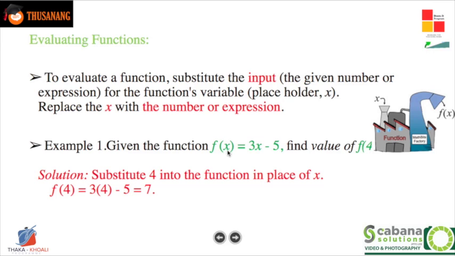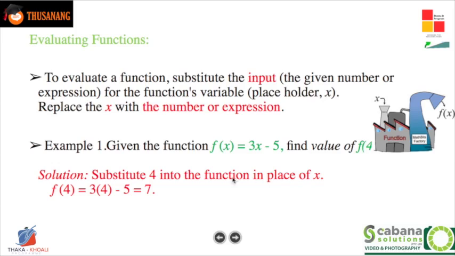So in our function f of x equals 3x minus 5, in place of x in this function, we are going to put 4. Let's do that. Like I said, we substitute 4 into the function in place of x. So we are going to have f of 4 being equal to 3 multiplied by 4.